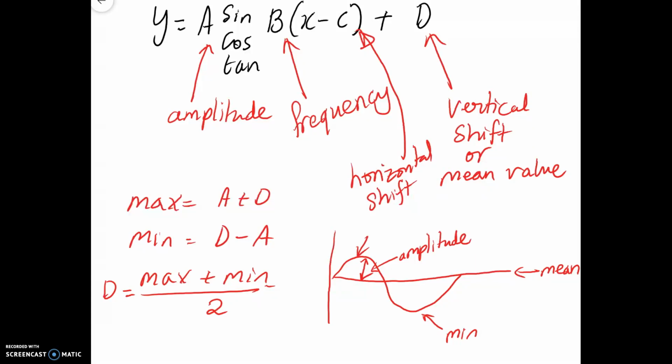The right at the top is your maximum. And the time taken to finish one full cycle is your period. And to work out your B, it's 2 pi divided by your period. Of course, if you rearrange this, you end up getting period equals 2 pi divided by B.